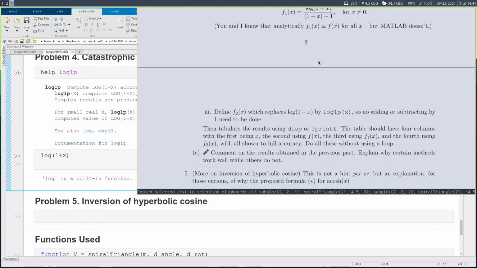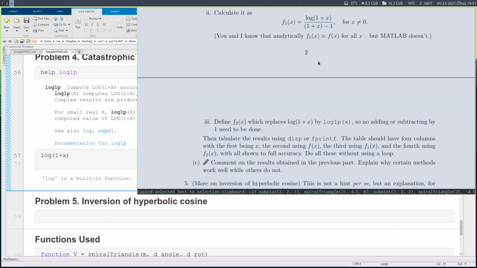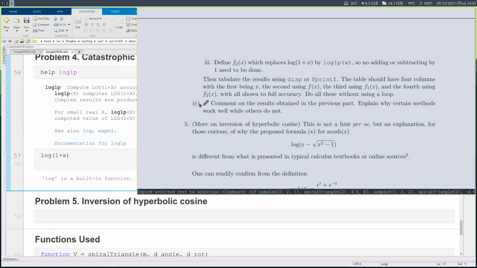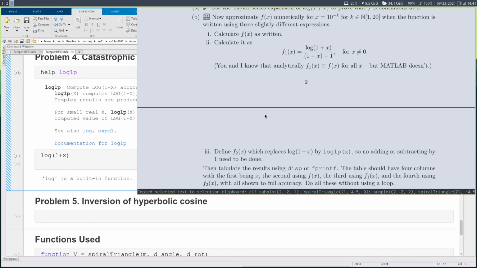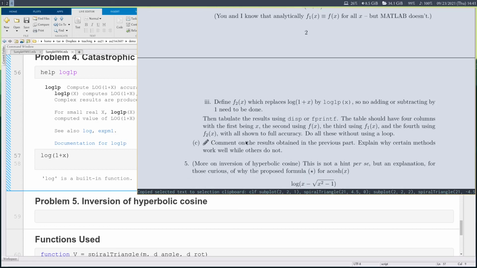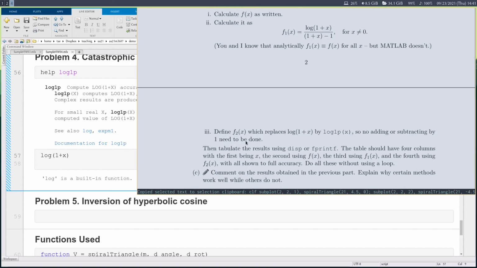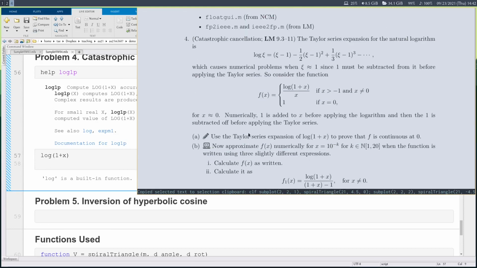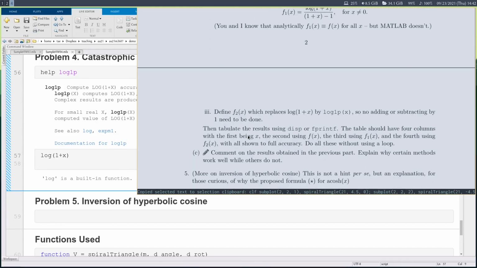I'll leave the details up to you to figure out. You'll have to work it out for this, but I will actually provide you with the written solution for this particular version, so you can use that as a basis for the actual homework problem. Okay, so that's problem number 4.